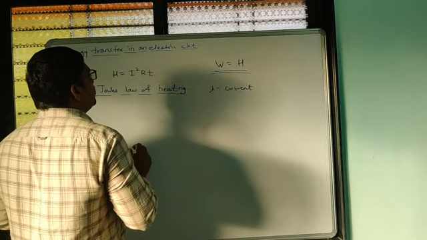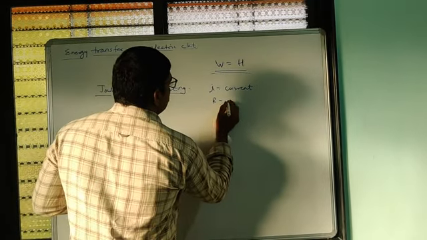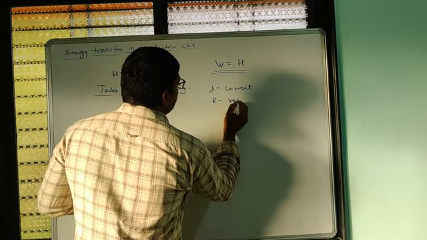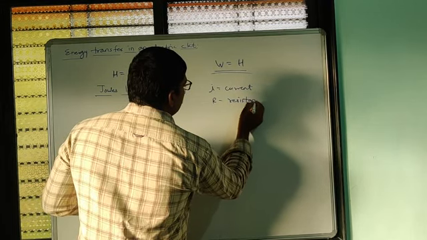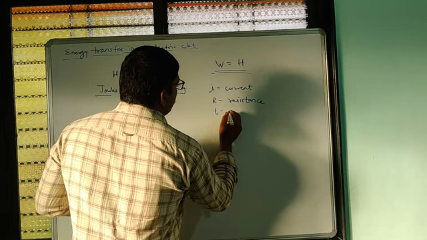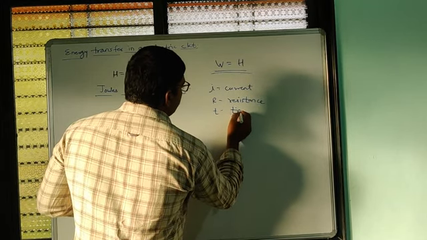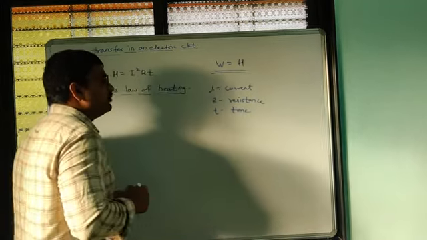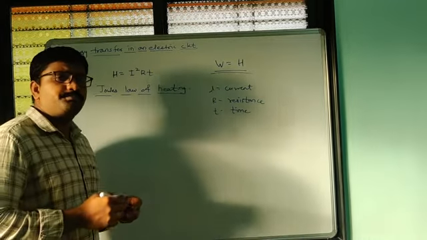R is the resistance of that resistor, and T is the time.